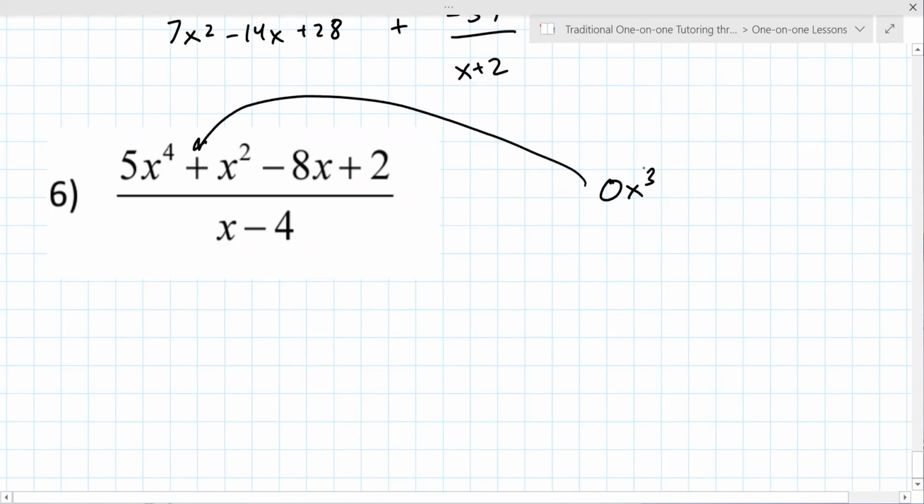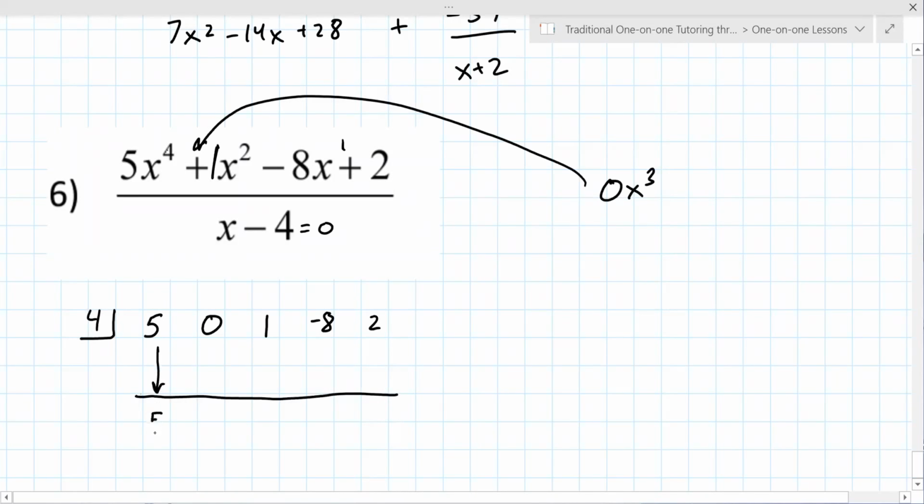So 4, 3, 2, 1, 2. Okay. So again, in this penalty box here, you set this equal to 0. So that's 4. And then you write the coefficients 5, 0, because there's supposed to be a 0 there. 1 for x squared, minus 8 for x, and then 2.